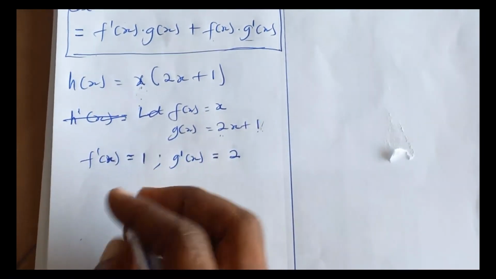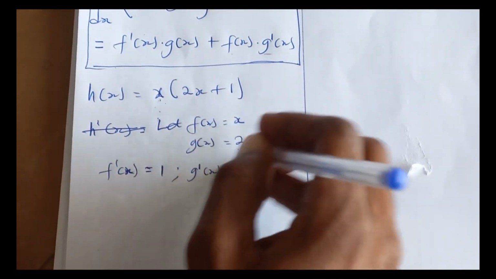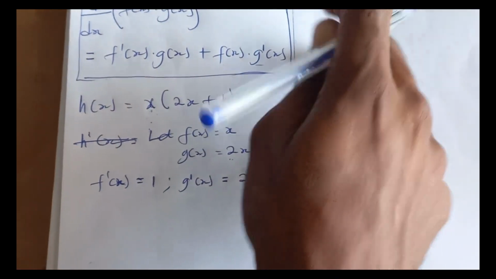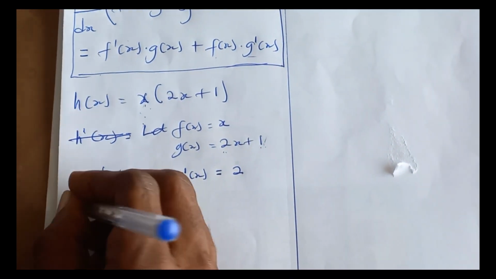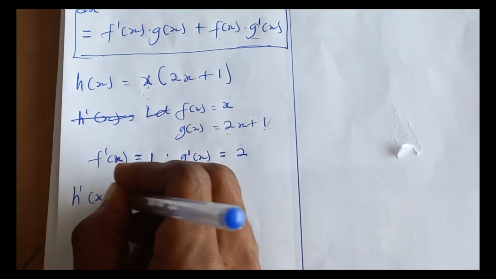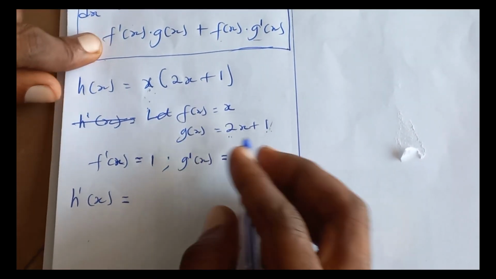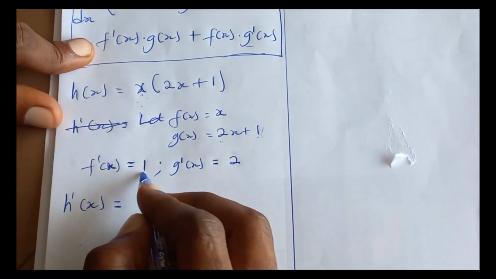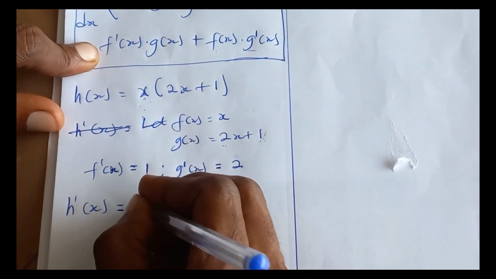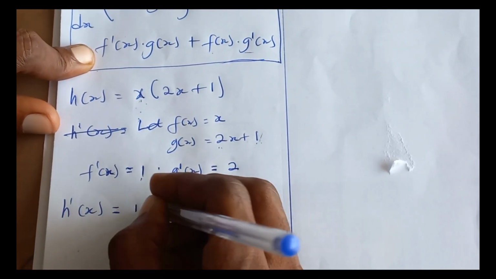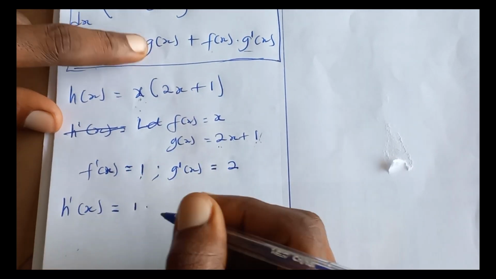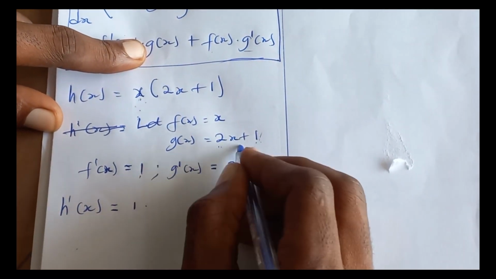Good. So now we are going to put everything in this formula. So you get h prime of x is equal to our f prime of x, which was 1, multiplying by g of x. And our g of x is this.